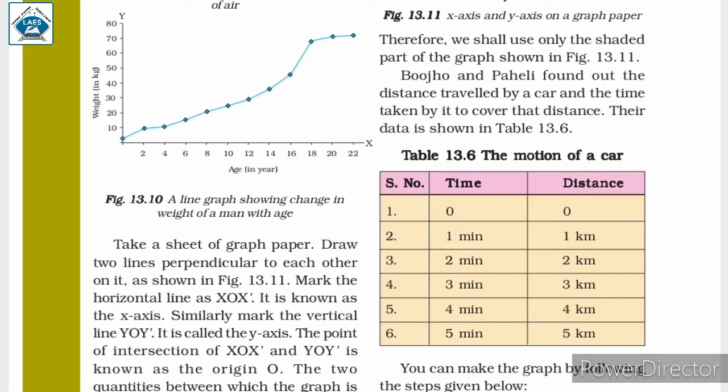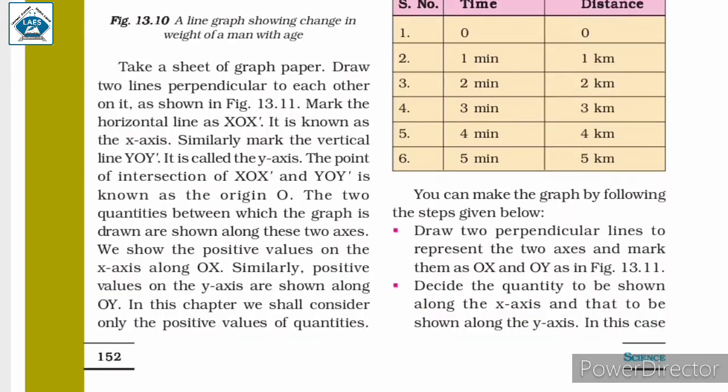From this table we can observe that in 1 minute the distance travelled by the car is 1 kilometer. Similarly, when the time interval is 3 minutes, the distance travelled is 3 kilometers. We need to draw the distance time graph using this data.